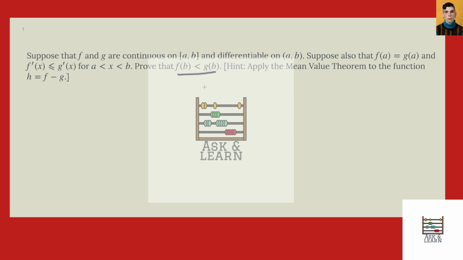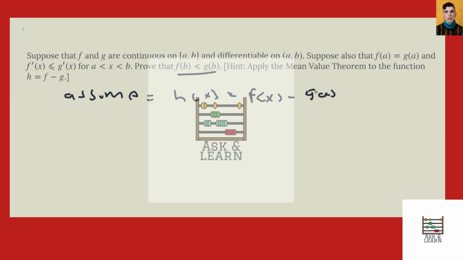Okay, so the first thing we have to do in this problem is we're going to assume what the statement says, h equals f minus g, so we're just going to rewrite that, h of x equals f of x minus g of x.